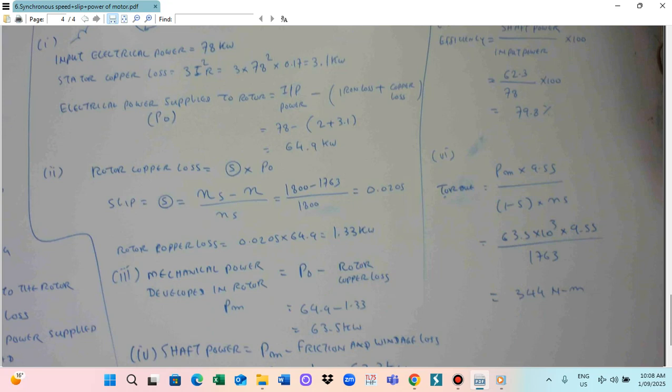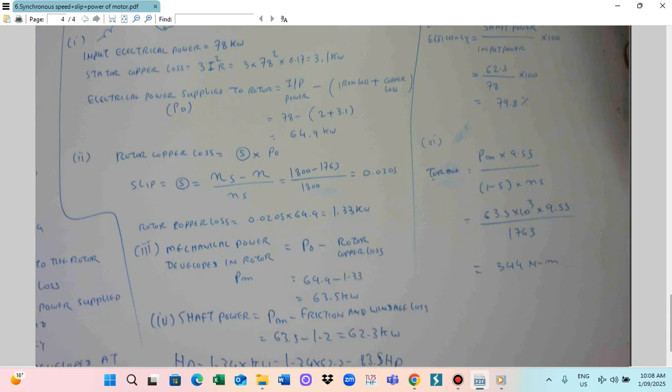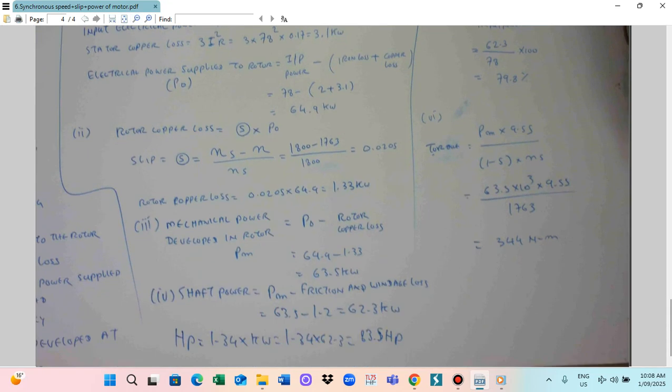And then the electrical power supplied to the rotor. There are 2 losses, stator copper loss and iron loss, which you subtract to get the active power supply to the rotor. So the total power input is 78 kilowatt, minus the copper loss and the iron loss. In the problem, the stator iron loss is given as 2 kilowatt, and the stator copper loss we already calculated as 3.1 kilowatt.